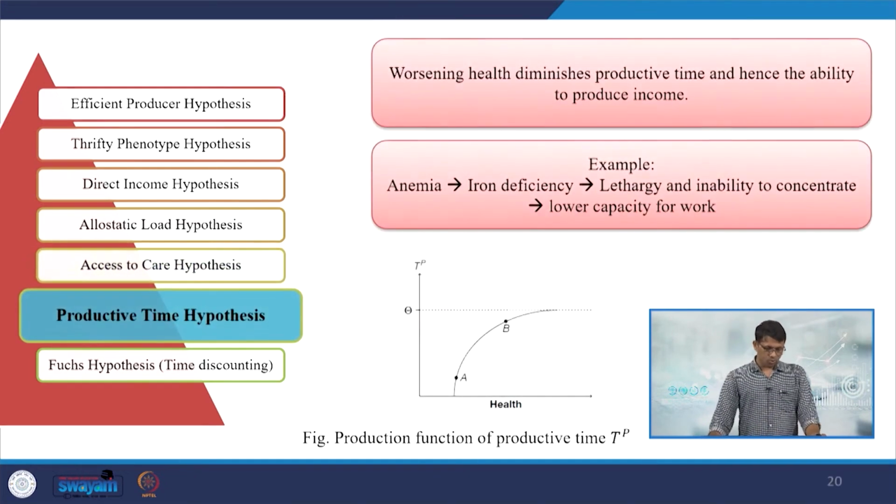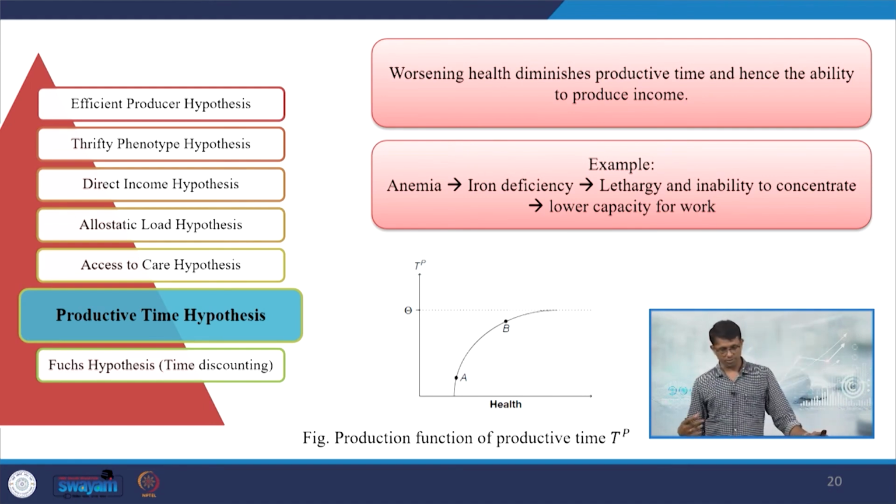Next one is related to the productive time hypothesis, where worsening health diminishes productive time and hence the ability to be effective in your work, and that may reduce your income if your productive time is compromised.